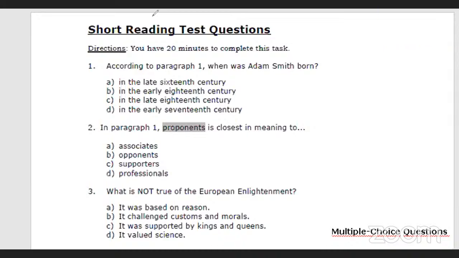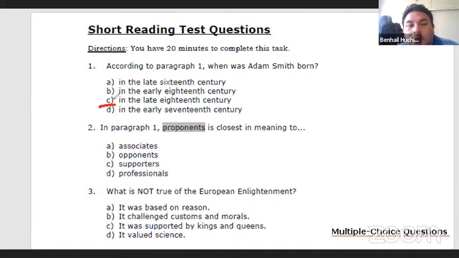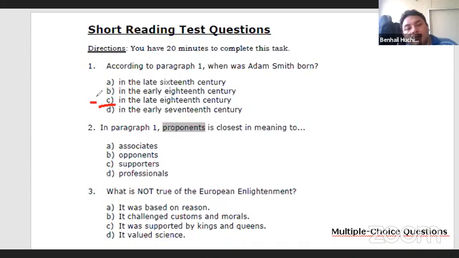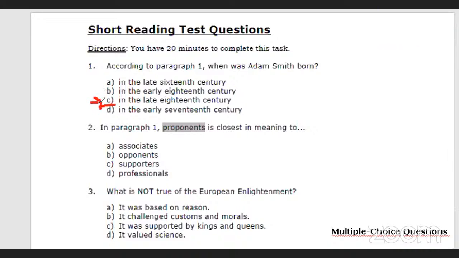I think it's letter C. What do you think, Guillermo? I'm not sure, but I think this is C. Also C. 18th century. Yeah, C.